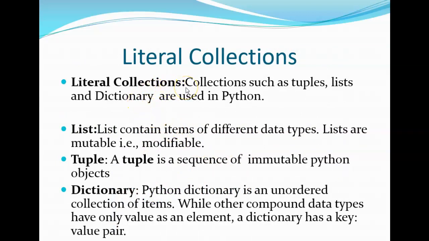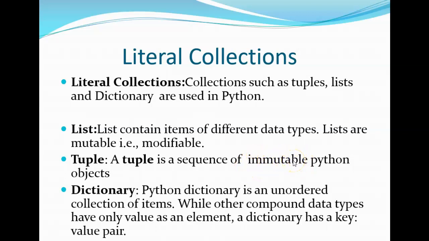Literal collections, very important in Python: tuples, lists, dictionary. Of course, we have a separate video lecture on each one. The basic fundamentals: a list contains items of different data types. Lists are mutable and modifiable. Mutable means modifiable. A list is synonymous with an array. Tuple is a sequence of immutable Python objects, that means not modifiable.